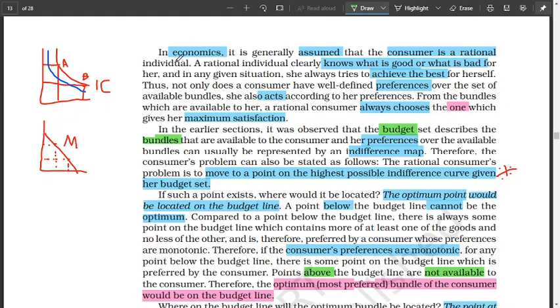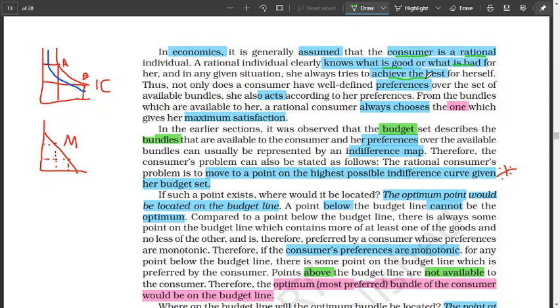Before we go into the optimum bundle that he would choose, remember one of the assumptions we make for the consumer, like you and I, is that he is always a rational man. A rational man always knows what is good and what is bad from his consumption, and knowing that he has a limited amount of resource, he would use that amount of money to achieve the best for himself or herself.